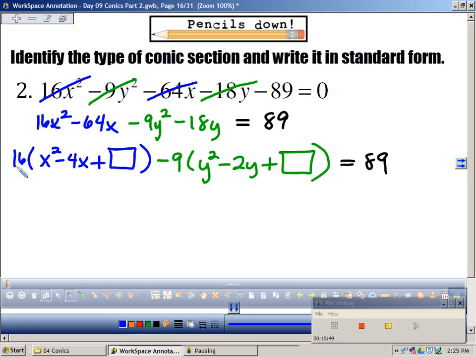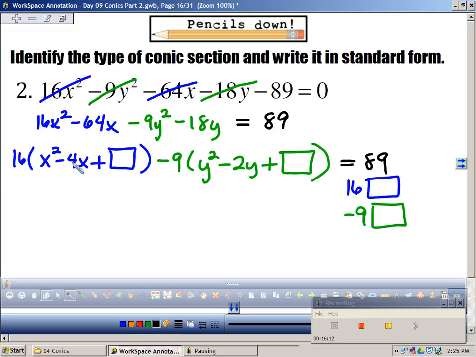Not only do I have a box there, but I have 16 of them. So 16 boxes of something, and I also have negative 9 boxes of something. This is the hardest part. You have to remember that negative 9 piece, right? It's not just positive 9 of them, I've got negative 9 of them.